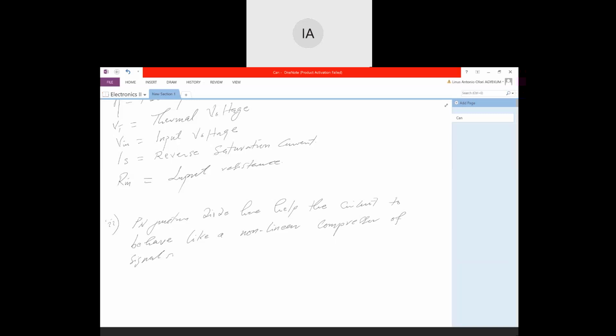This is the basic reason for the PN junction diode there.